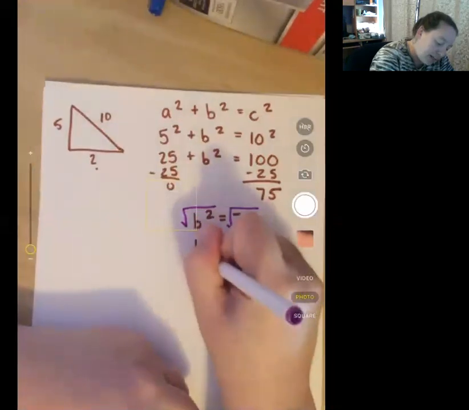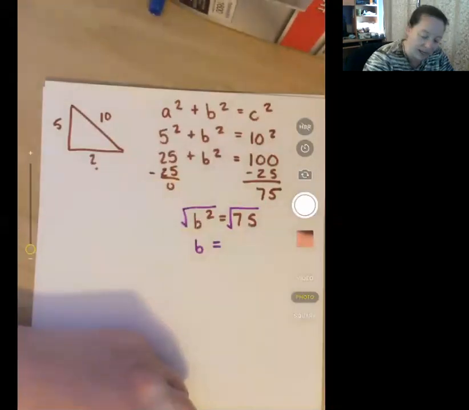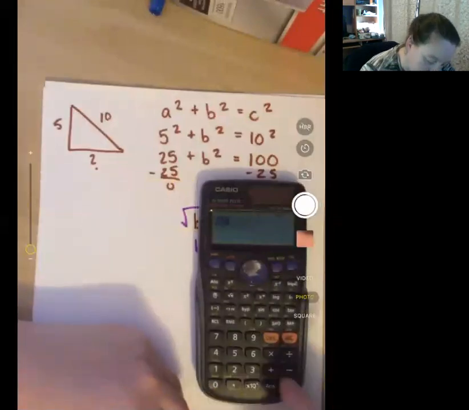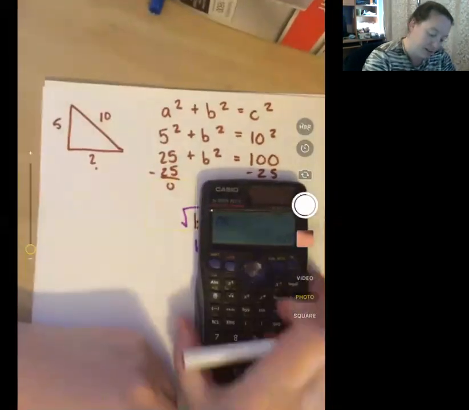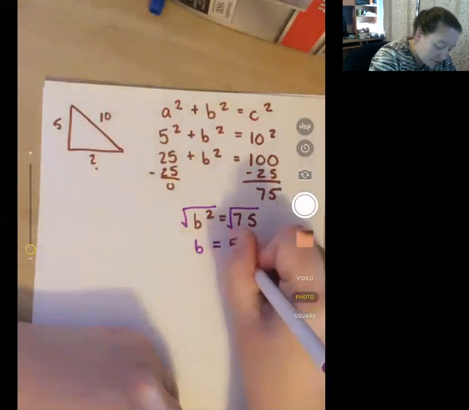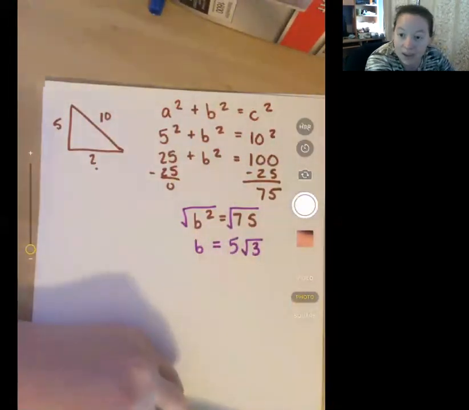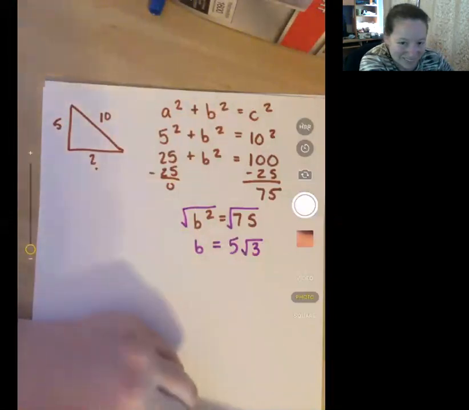I then have b is equal to, and I'm getting out my calculator again, square root of 75, which is, according to my calculator, 5 the square root of 3. Okay, so how did my calculator get 5 the square root of 3?